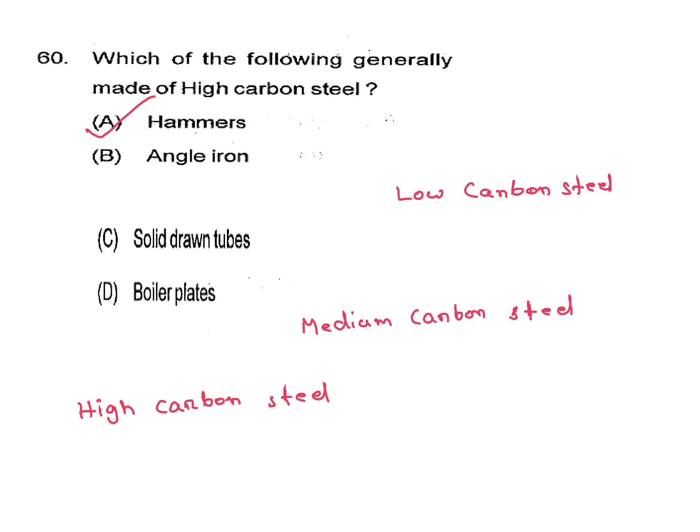For low carbon steel, percentage is less than 0.45% carbon. In case of medium carbon steel, it's greater than 0.5% and less than 0.8% carbon. And for high carbon steel, it's greater than 0.8% carbon.